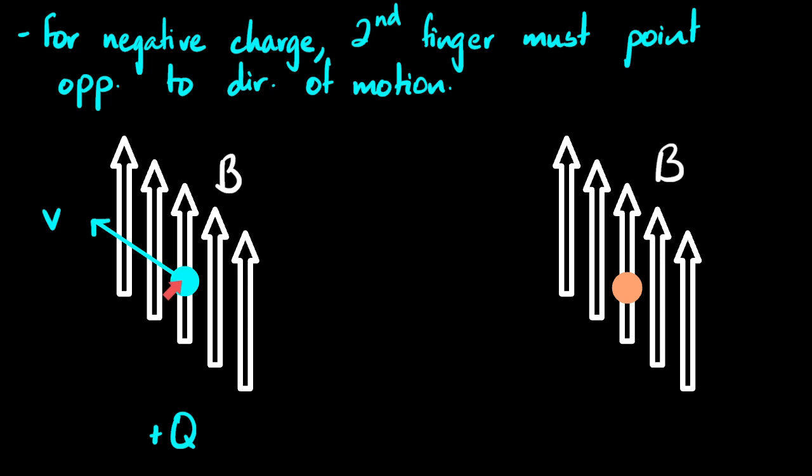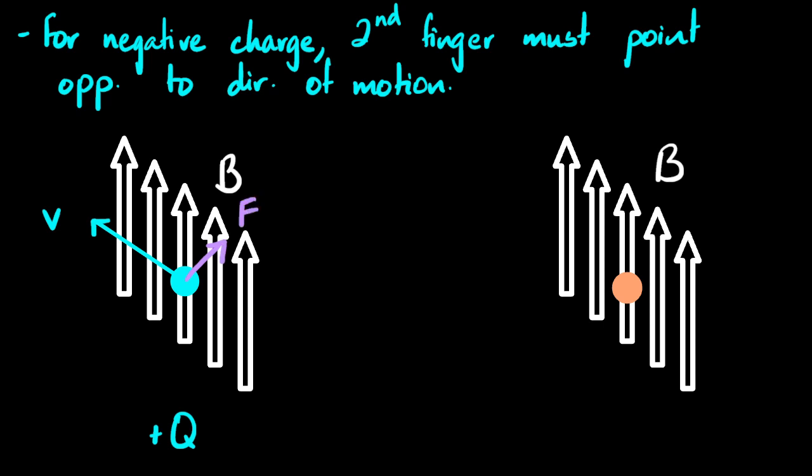So how would the force act on this? Again, just a simple application of Fleming's left hand rule. My first finger is field, that should be pointing upwards, and since the velocity is in a direction like this, that's where my second finger should be pointing. What I'll find is my force is in a third perpendicular direction like this. So this is how the force would be acting in this case.